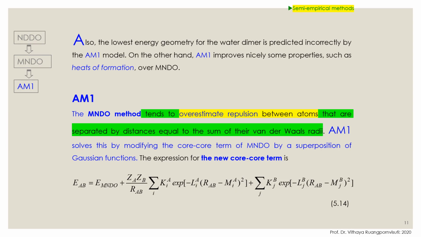The AM1 method solves this by modifying the core term of the MNDO by a superposition of Gaussian functions. The expression for the new core term is shown in equation 5.14.